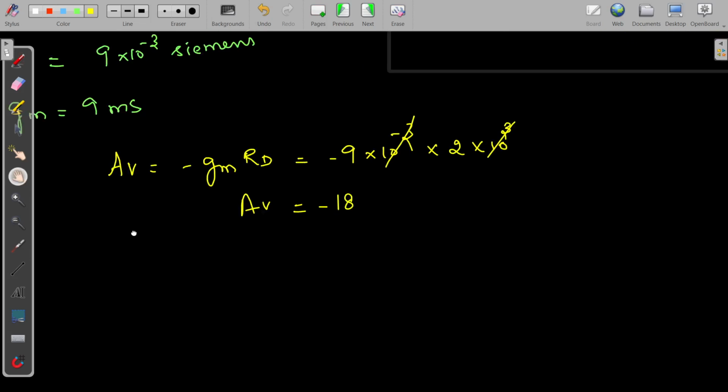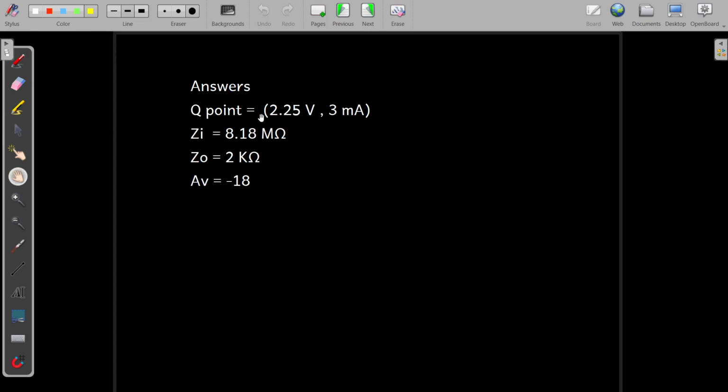Now we can summarize the answers: Q point is 2.25 volts, 3 milliamps, Zi is equal to 8.18 mega ohms, Zo is equal to 2 kilo ohms, and Av is equal to minus 18. Okay, I hope you have understood this problem.